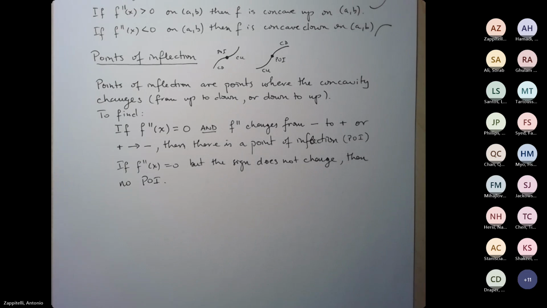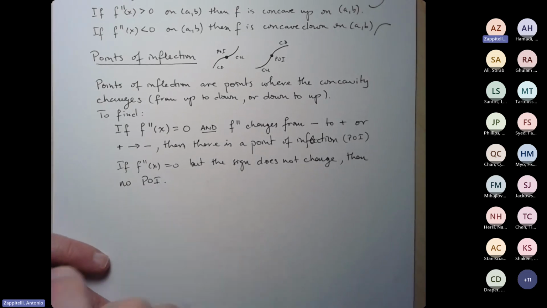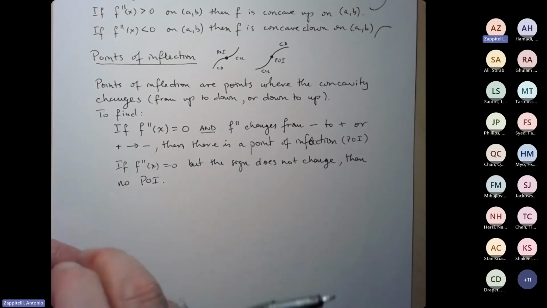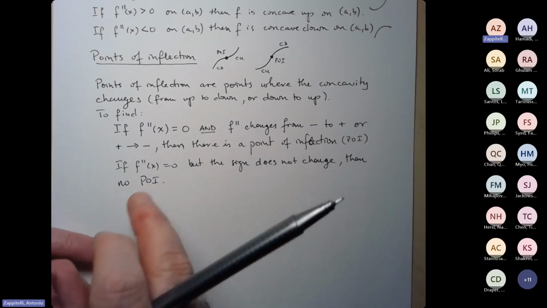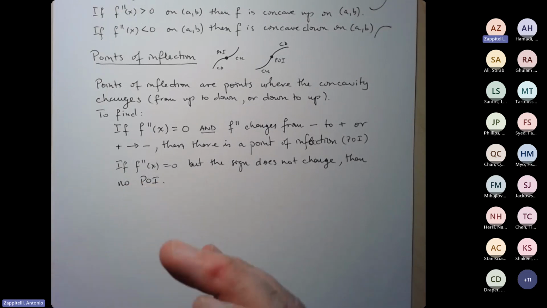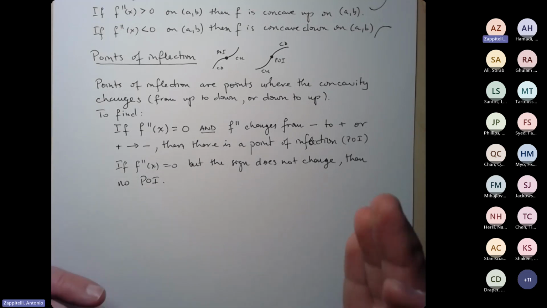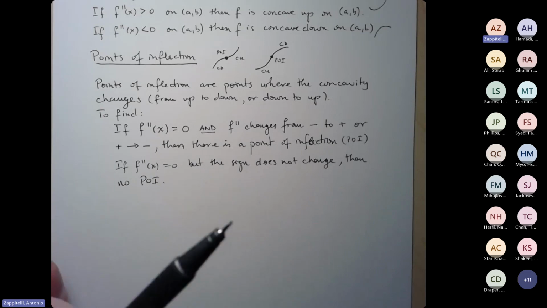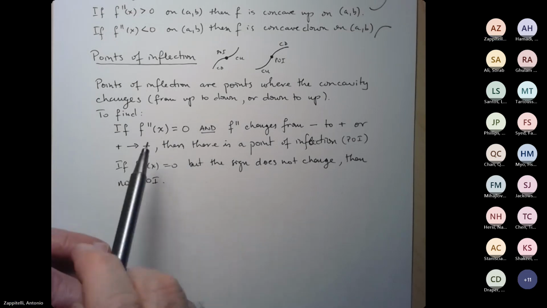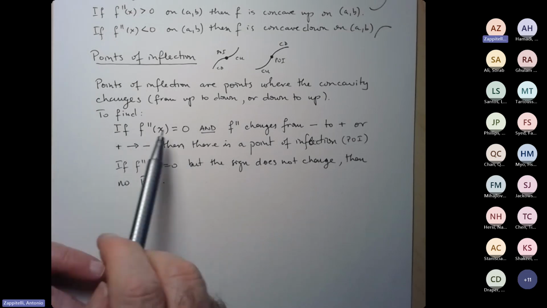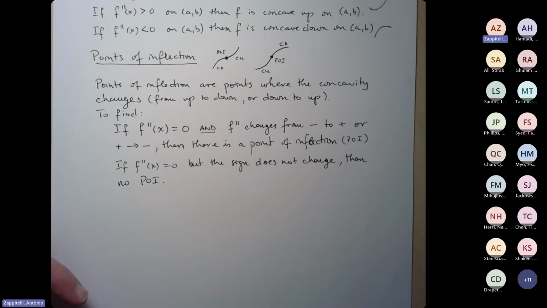Okay, not enough just for the second derivative to be 0. But this should look familiar, because remember, if the first derivative is equal to 0, are you guaranteed a local max or min? No. Okay, you might have one. That's where you're going to look for local maxes and mins, but there's no guarantee that there's going to be one. Same thing here. Okay, if the second derivative is equal to 0, there's no guarantee that there's a point of inflection.